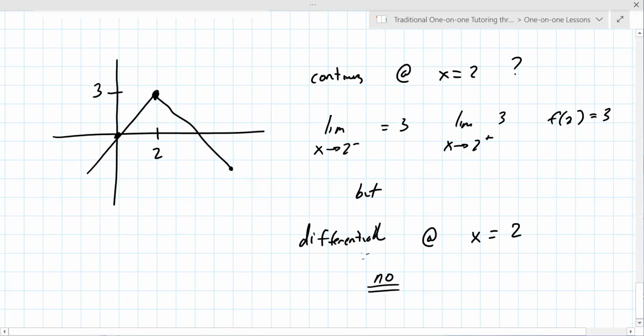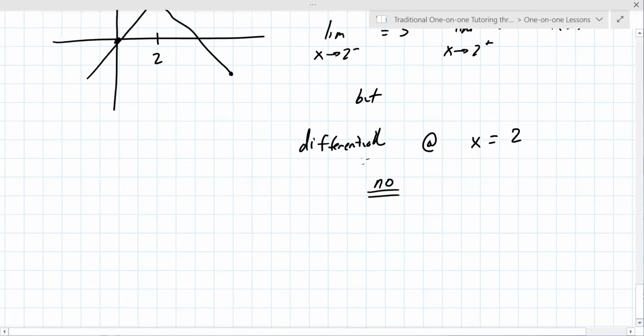Okay. So there's like a progression here. If it's differentiable, that means it's continuous. But just because something is continuous doesn't mean it's differentiable.